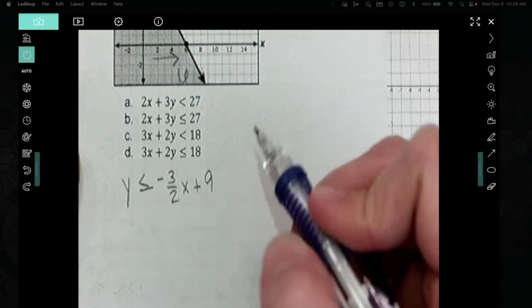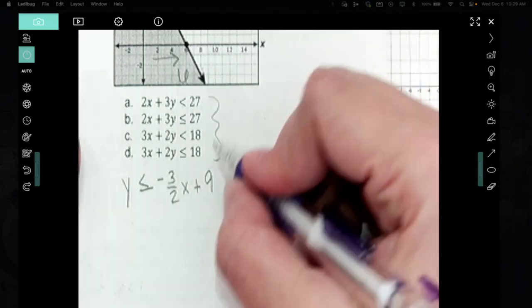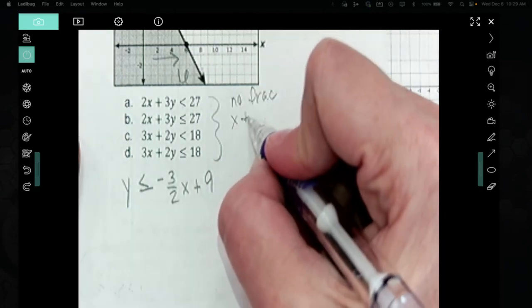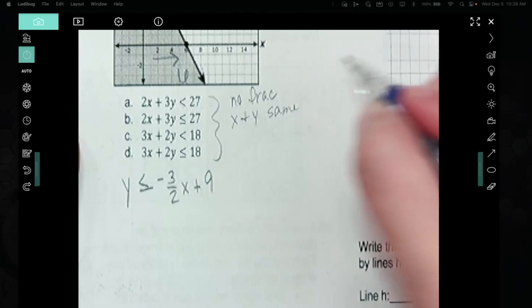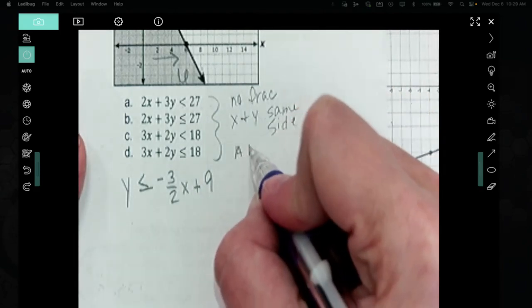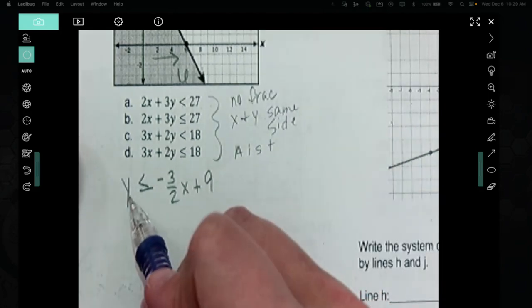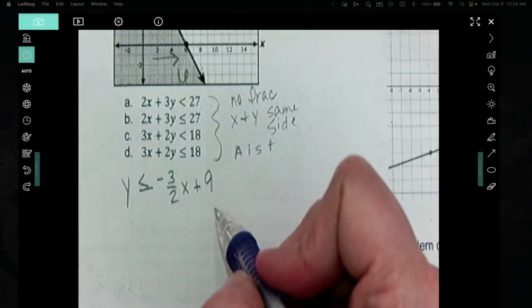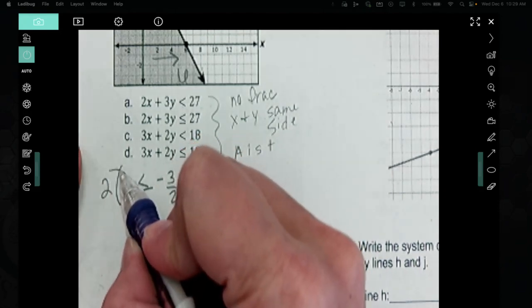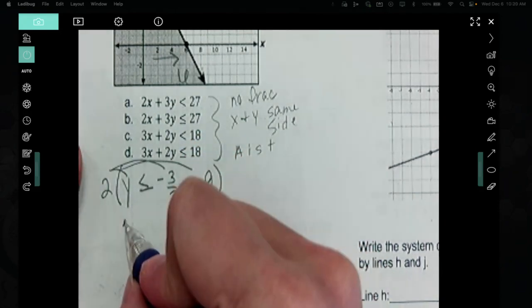Now, these are all in standard form. So remember, no fractions, x and y on the same side, and a is a positive. So the first thing I'm going to do, I have a fraction here. This is very ugly. I'm going to multiply by that denominator every single number.